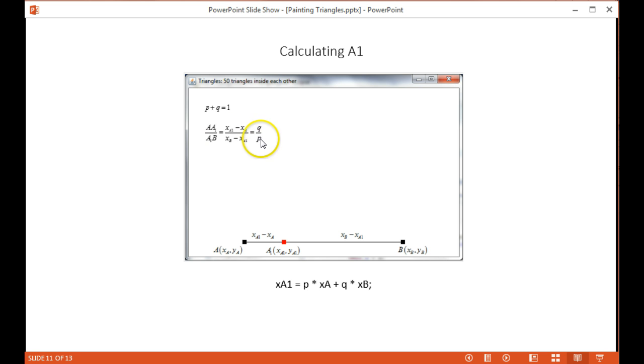So just looking at this bit of the equation, the ratio between XA1 minus XA and XB minus XA1 equals the ratio of Q to P.